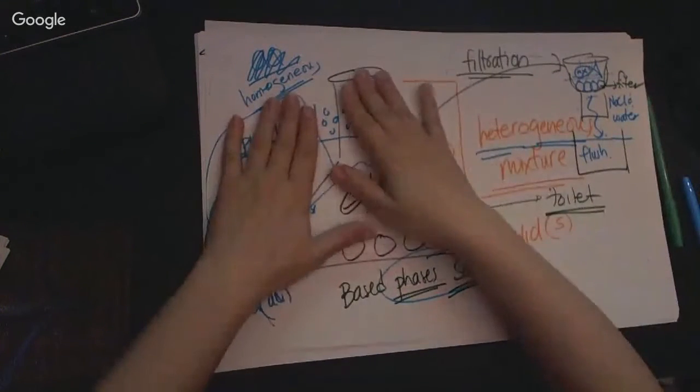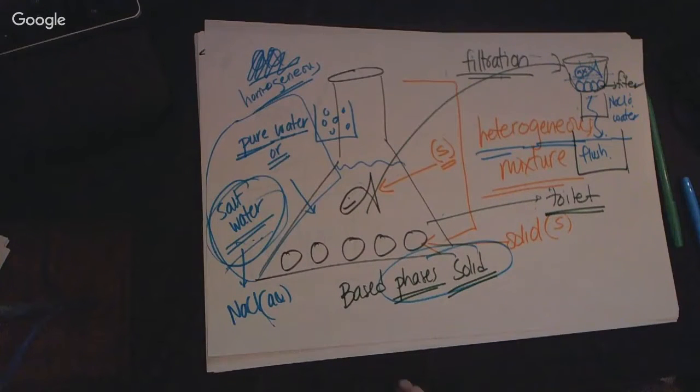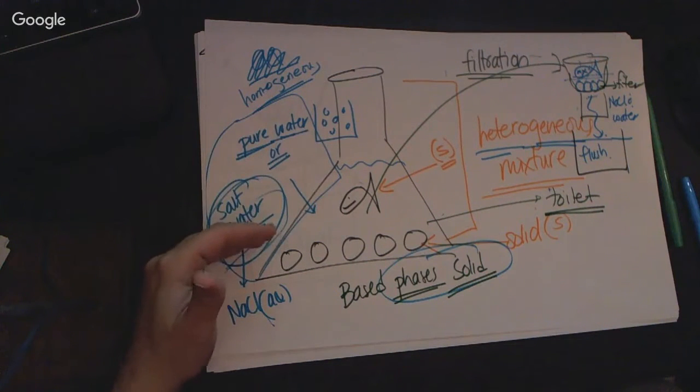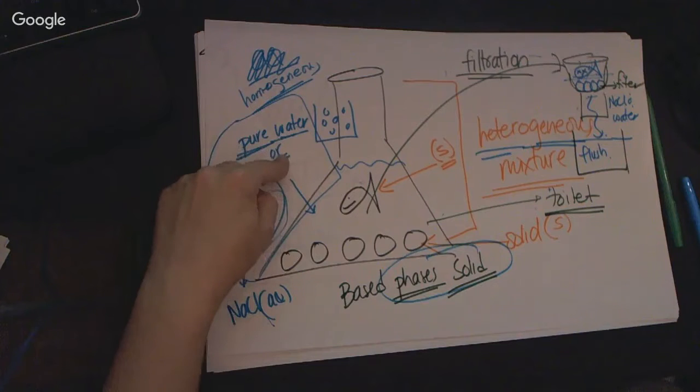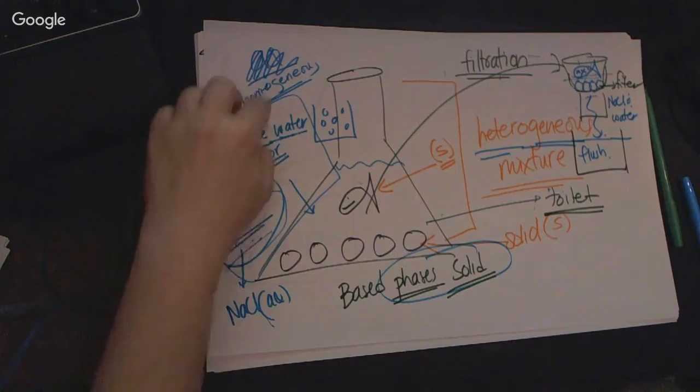In this picture right here, this entire Erlenmeyer flask situation is a heterogeneous mixture because I can see the fish and I can see the rocks and they're solid, and whatever substance this fish is swimming in is going to be something that looks like pure water or salt water. I guess my point here is that it is indistinguishable to the naked eye because pure water looks the same as salt water, because salt water is a homogeneous mixture.